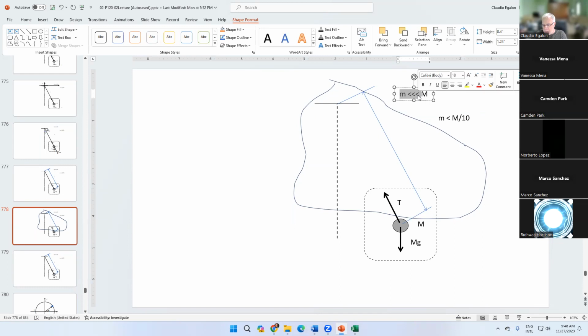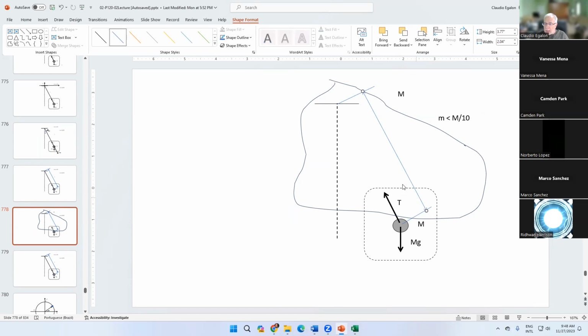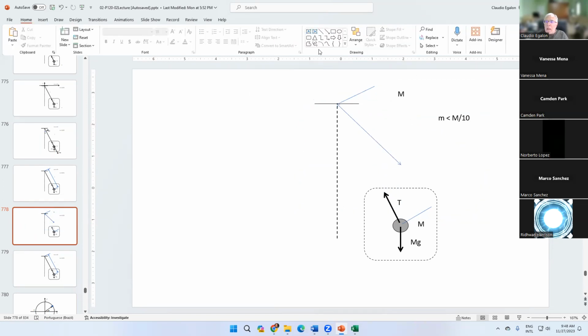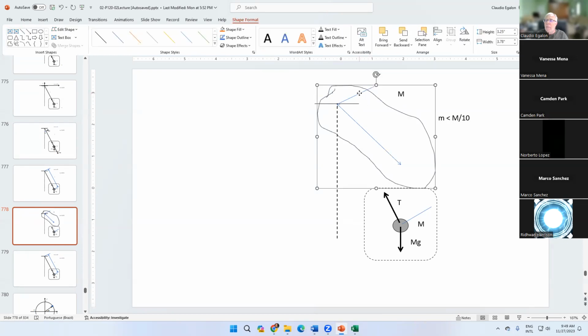It's not a string. Let's say the center of mass of this is somewhere around here. I don't like this one. Let me do a better one. Yeah, better like that. Here's my rigid body.